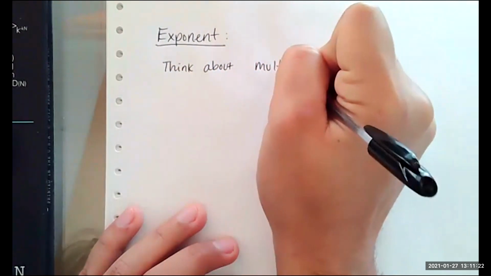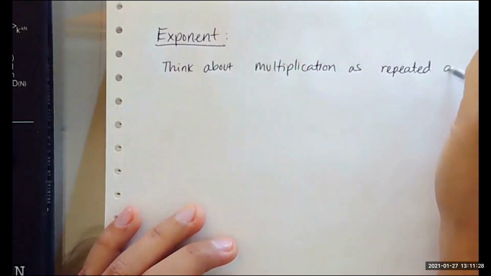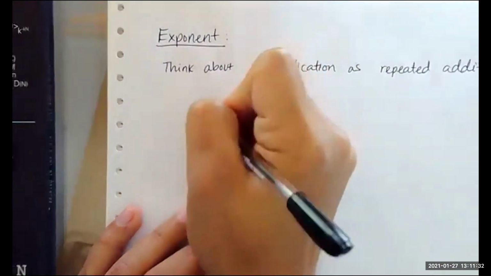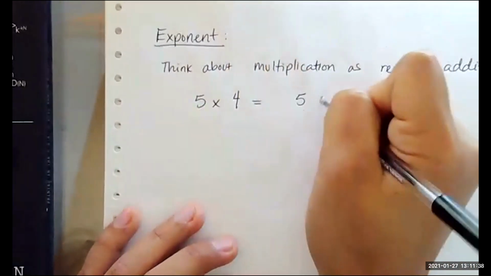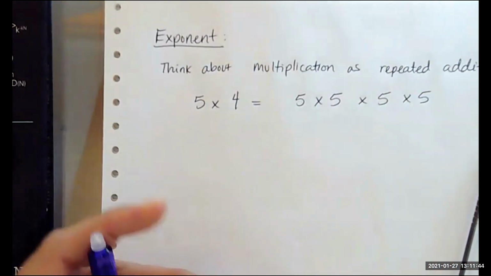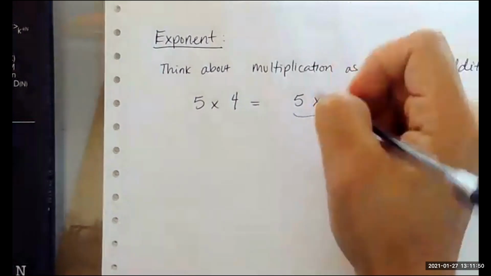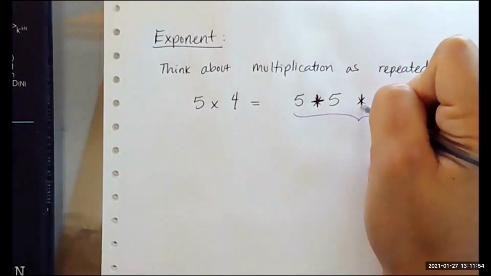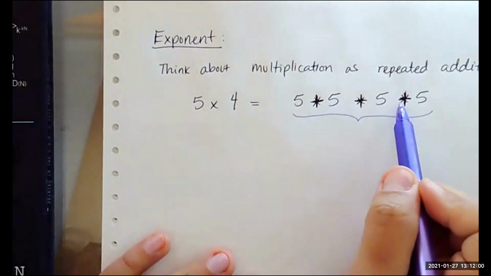So let's think about multiplication as repeated addition, where even 5 times 4, you could think of it as 5 plus 5 plus 5 plus 5.